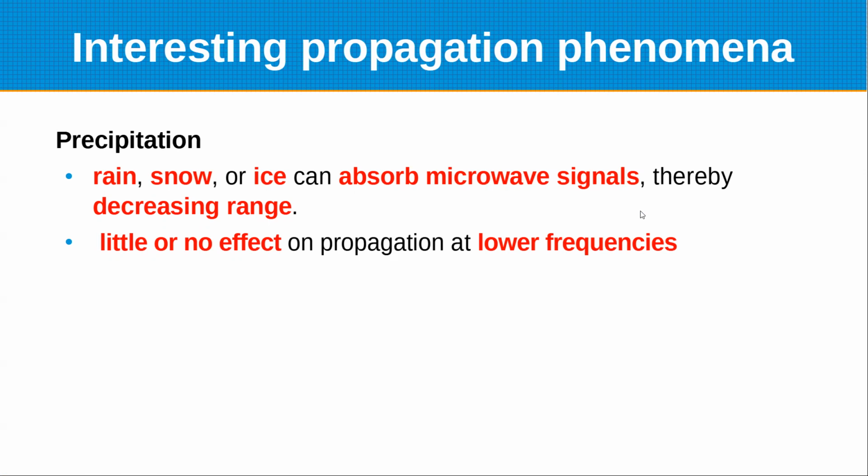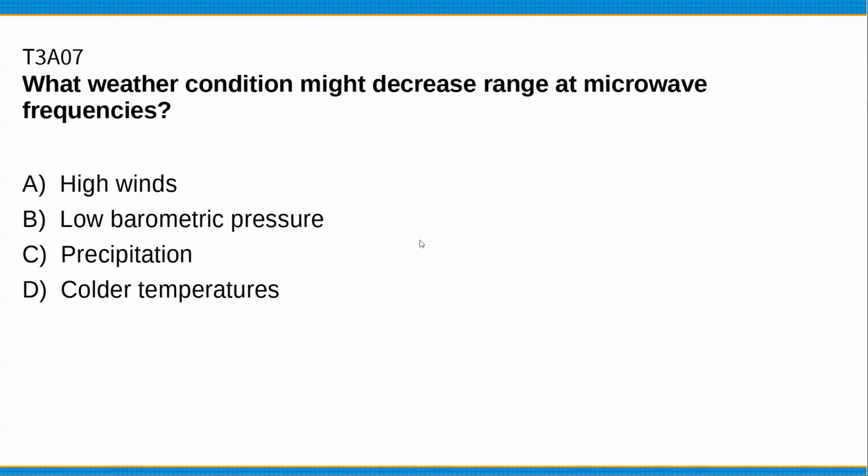It has little or no effect on lower frequencies. They don't define lower frequencies, but I would say most of the HF band doesn't have much of an effect. What weather condition might decrease range at microwave frequencies?